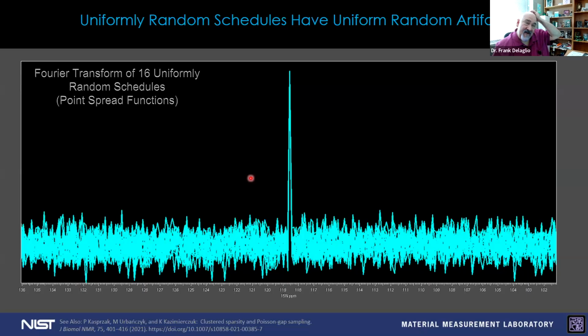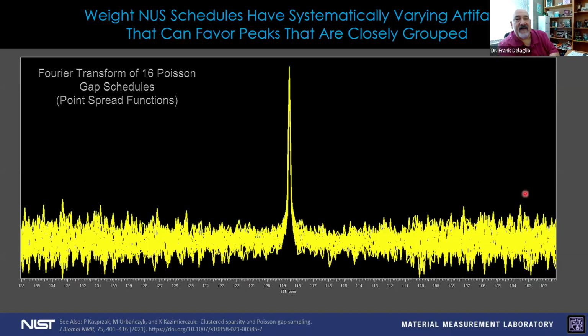As we're going to hear in detail from David Rovnyak, the different shapes of sampling schedules have different behaviors. So if we have a uniformly random sampling schedule and we Fourier transform it, we get a result that has uniformly distributed reconstruction artifacts. But if we have any kind of weighting in the sampling schedule, when we Fourier transform it to see the reconstruction artifacts, we will see that in the same way that the sampling schedule changes systematically, we have reconstruction artifacts that change systematically.